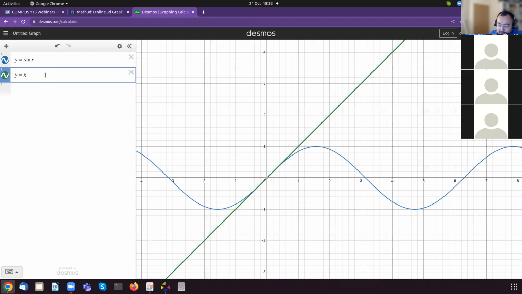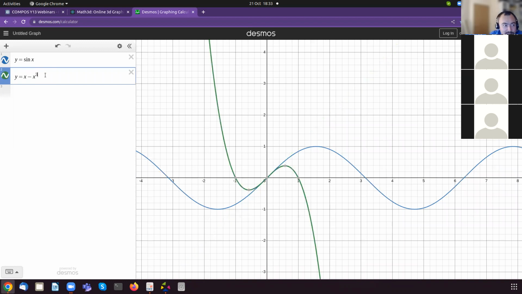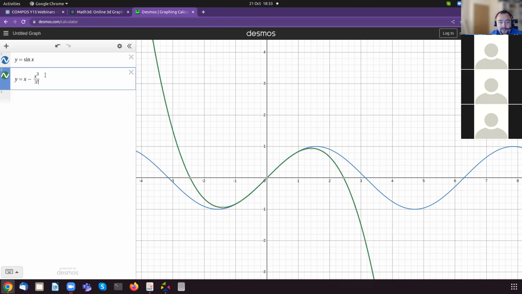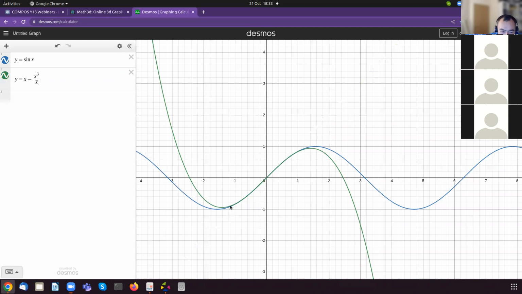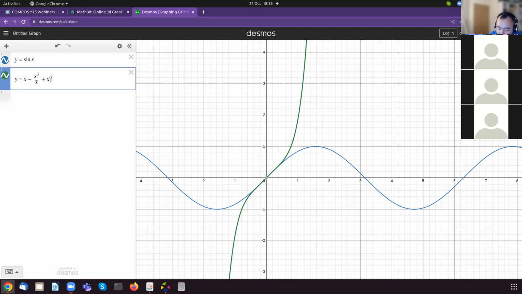You can put x minus x cubed over 3 factorial, and you can see it gets even better. It gets curvy and closer to the actual thing. And then you add x to the power 5 divided by 5 factorial, and it gets even closer.